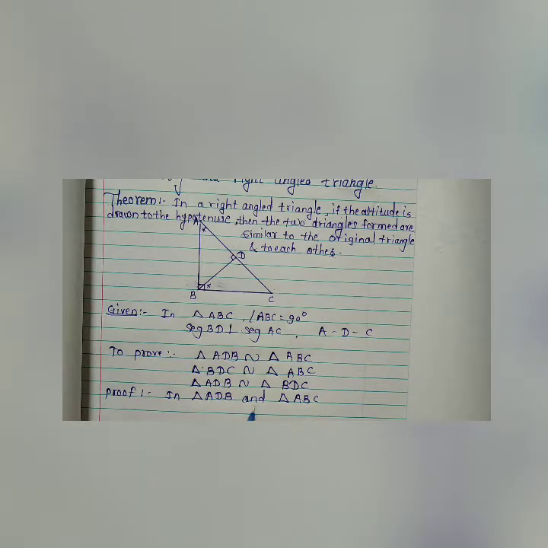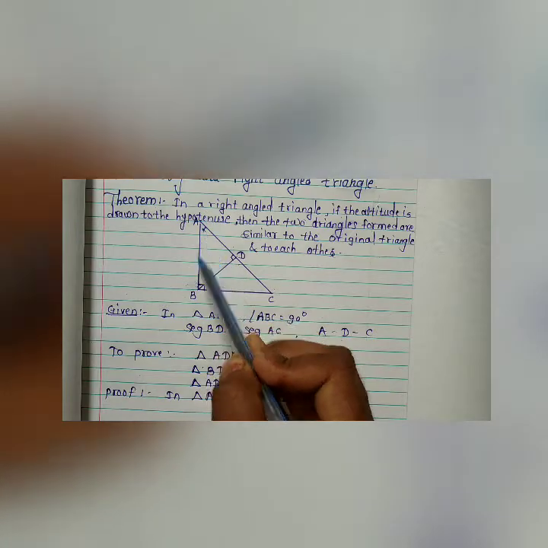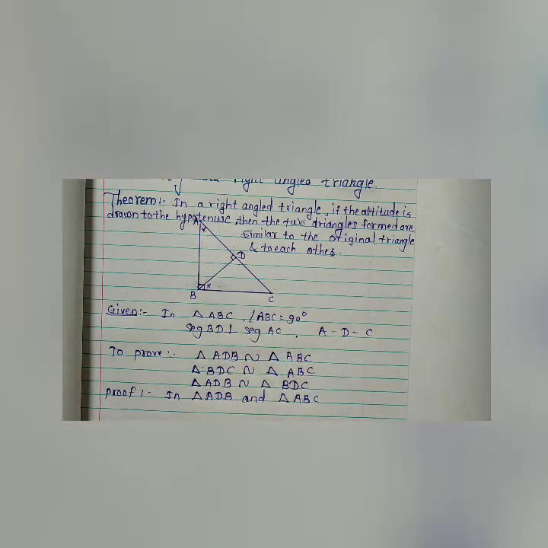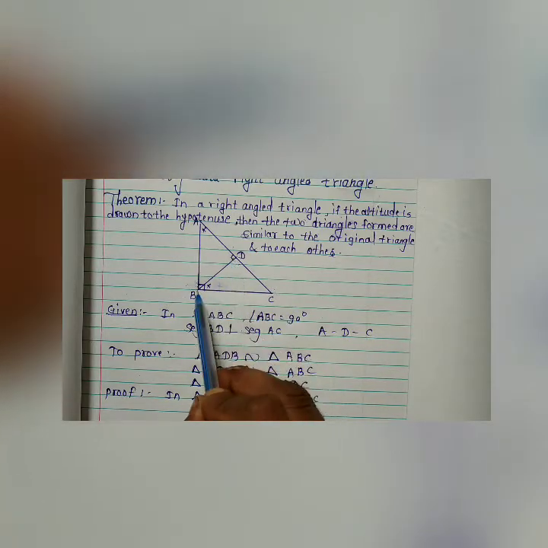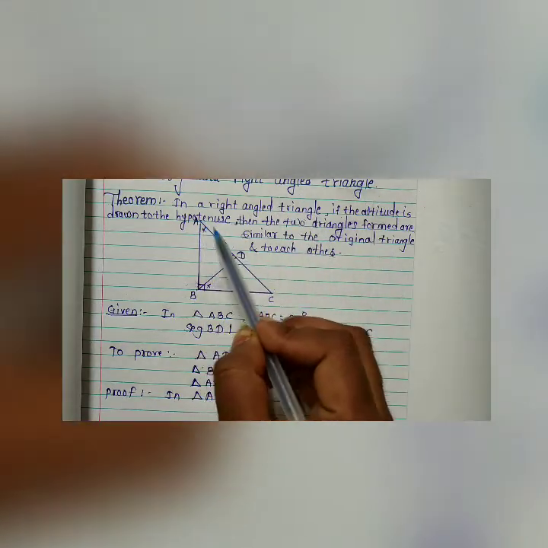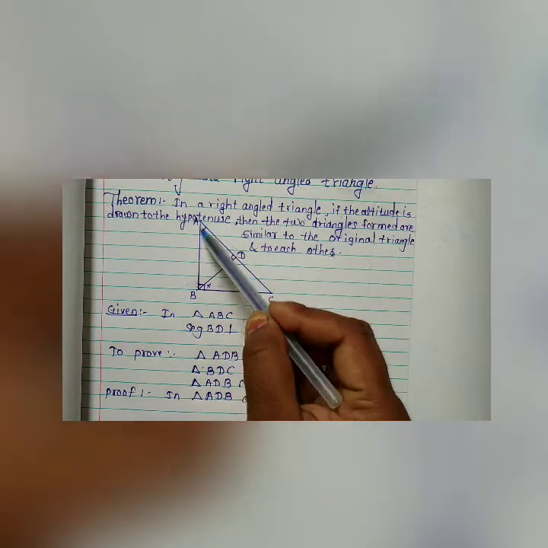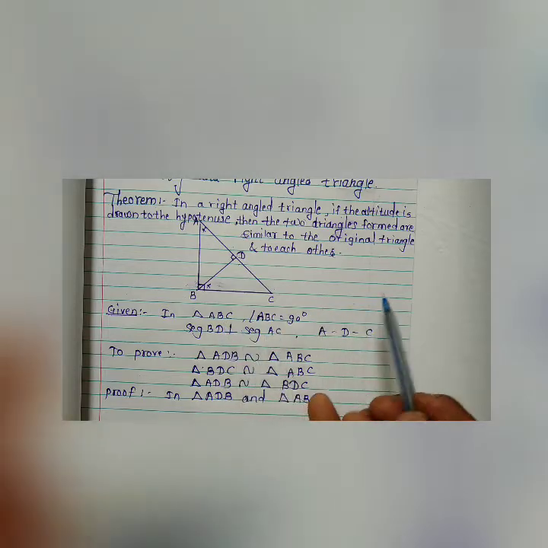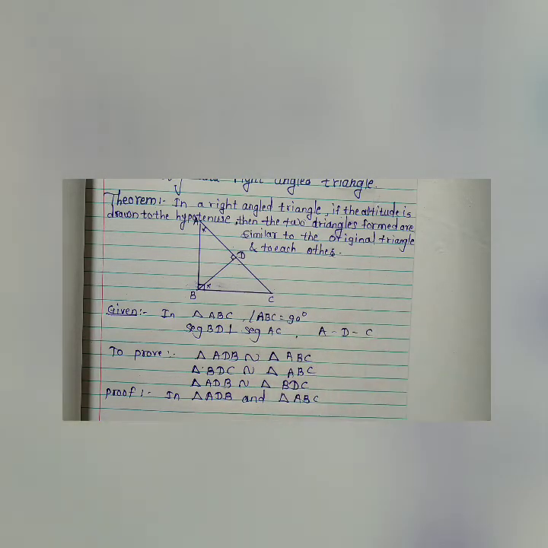Angle A is the common angle of both triangles. The measure of angle D is 90 degrees and angle B is also 90 degrees, meaning angle ADB is 90 degrees and angle ABC is 90 degrees. This is given. Therefore, by AA test, these two triangles are similar. Okay.